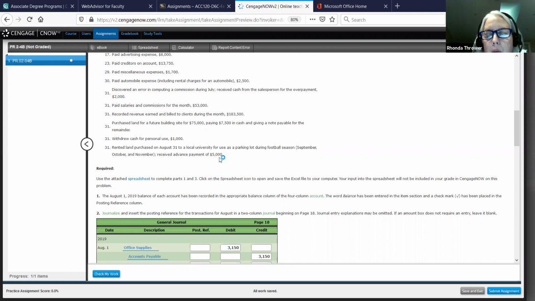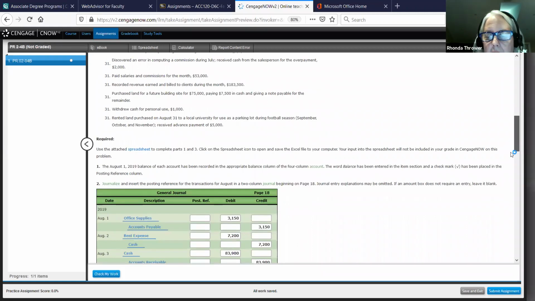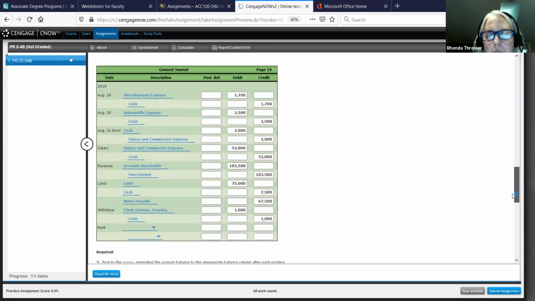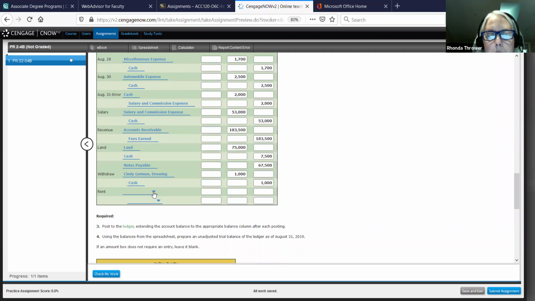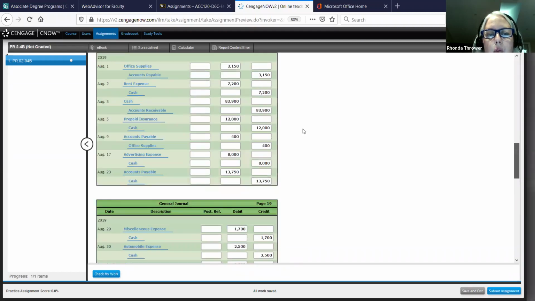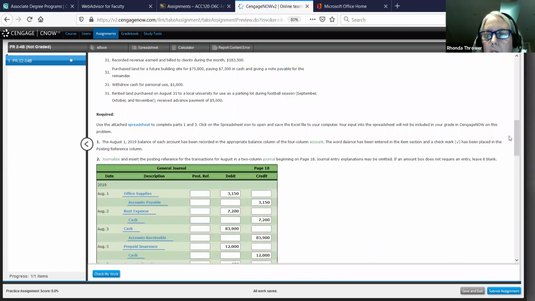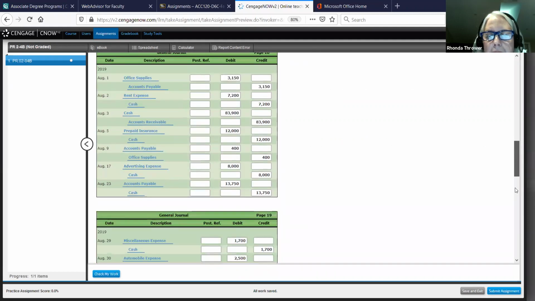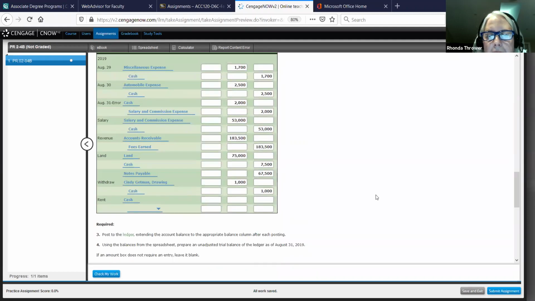Because we've received cash in advance before we've rented, we're going to debit cash for the amount that we have received, which was $5,000. We received the payment in advance before the revenue has been earned.